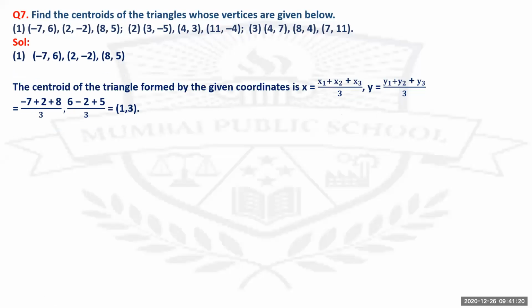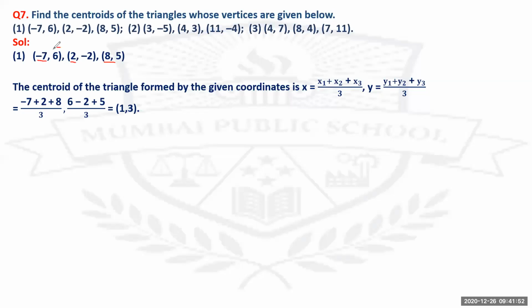The centroid of the triangle formed by the given coordinates is (x1 plus x2 plus x3) upon 3, (y1 plus y2 plus y3) upon 3. You have to just keep on adding all the x coordinates and divide that by 3 for the centroid. So check your x coordinates here: minus 7, 2, 8.